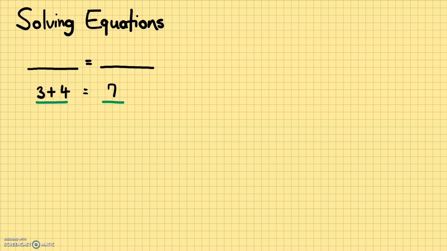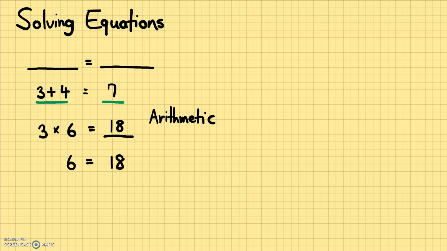And in arithmetic, what we did was we were given the question, such as 3 times 6, and we solve for the answer. What is 3 times 6? Okay, and 3 times 6 is 18. So this is what we did in arithmetic. In algebra, we are given the answer and part of the question, but we have to solve for the other part.